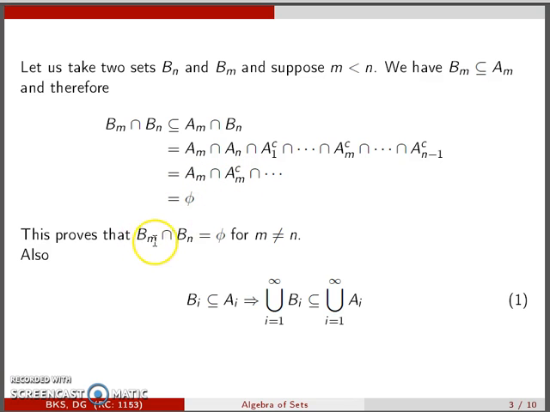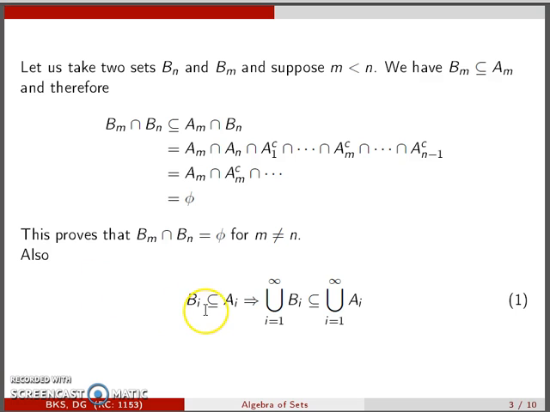That means Bm intersection Bn is an empty set whenever m not equals to n. Remember we have started with m strictly less than n. But we have said that this result holds whenever m not equals to n. Why? Well, if m not equal to n, either this is true or the reverse. So you can work it out, right?